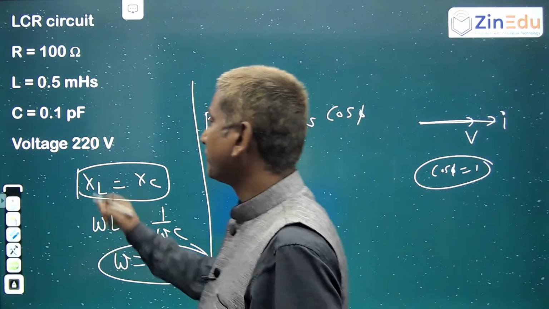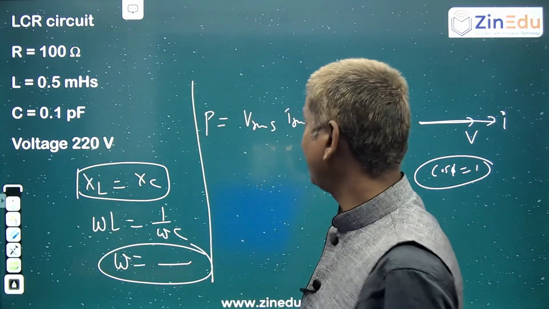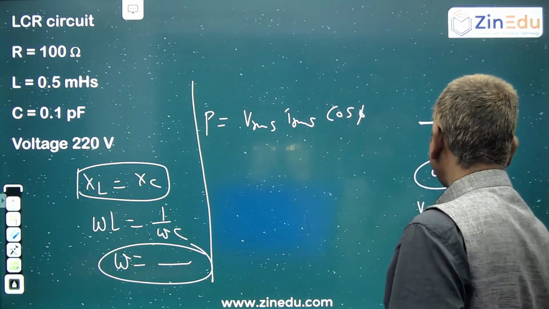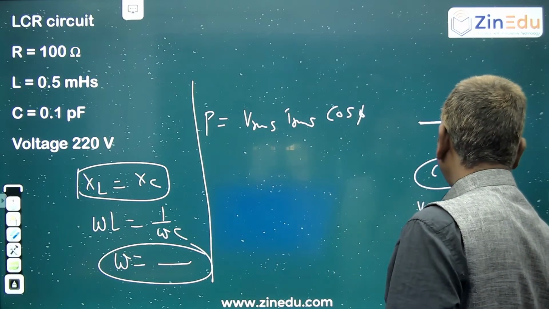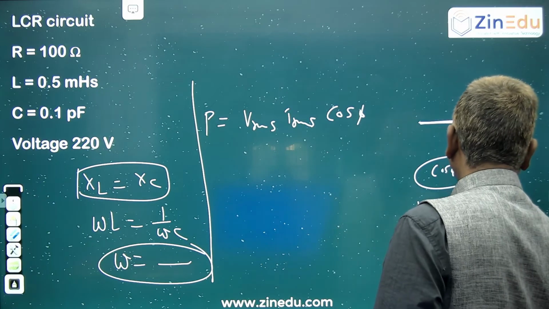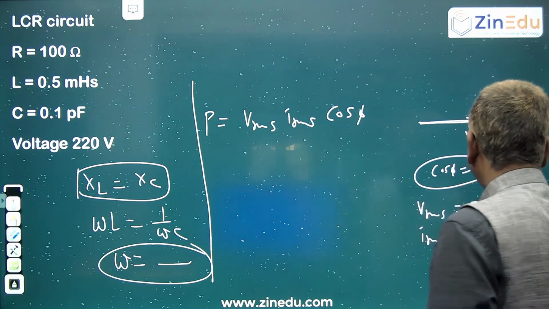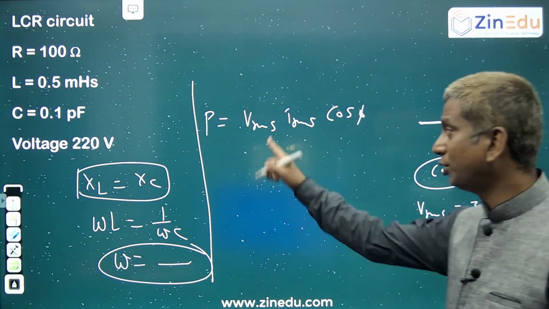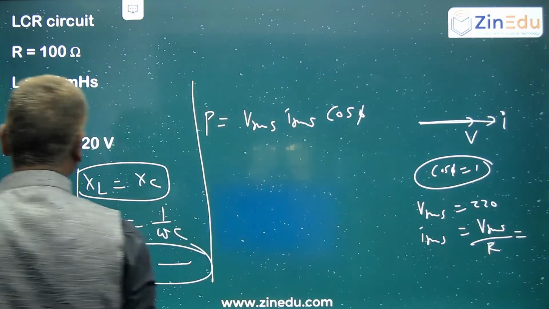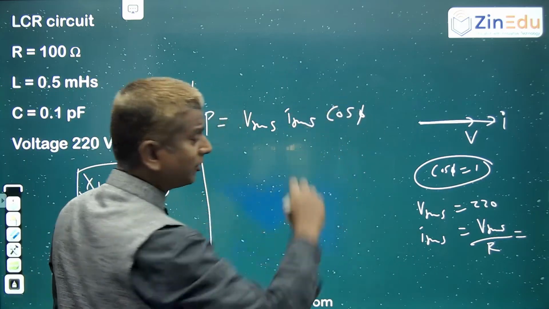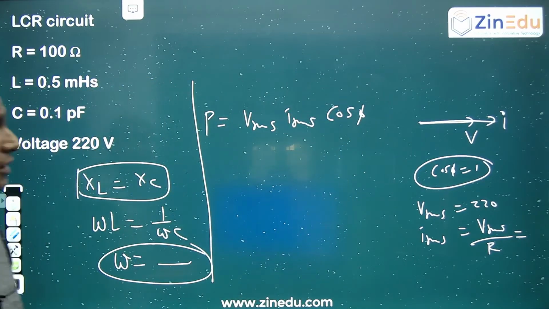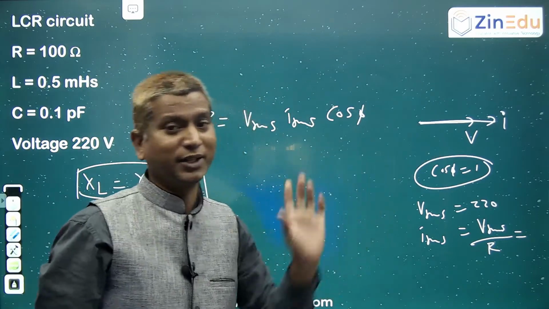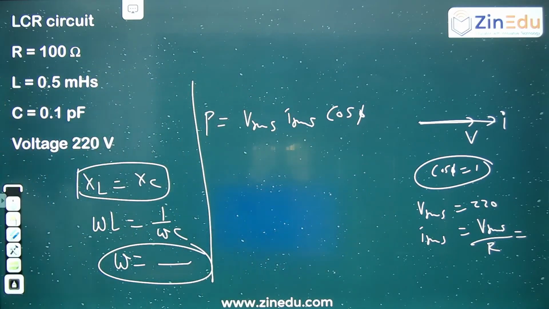Vrms is 220 volts, and Irms you can write as Vrms by R, because it is at resonance. R is 100, so you will get Irms. If you multiply both, you get the power, because at resonance the power factor is 1, and voltage and current are in the same phase. Correct? That might be the question. Right, the next one.